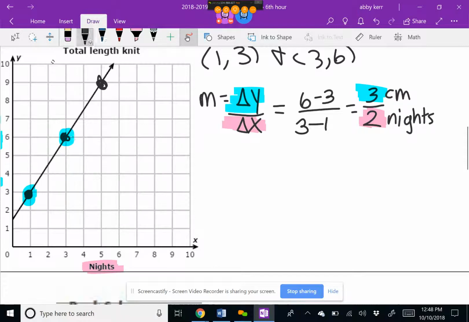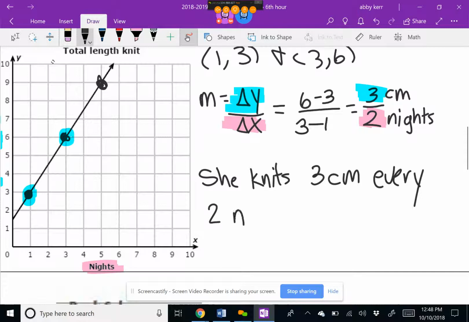So our third step is to just write a sentence. So you can say she or he. She knits 3 centimeters every 2 nights.